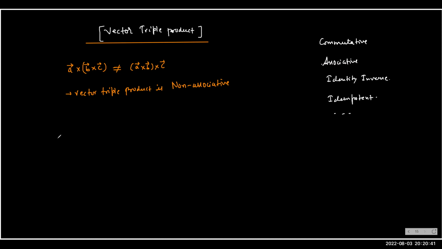So when we solve questions in which the triple product appears, there is one thing I forgot. Okay, I'll come to that last. So I'll prove the A cross B cross C part.